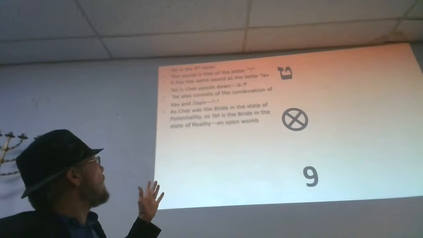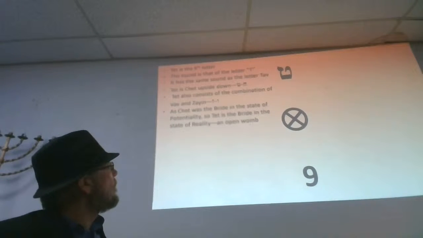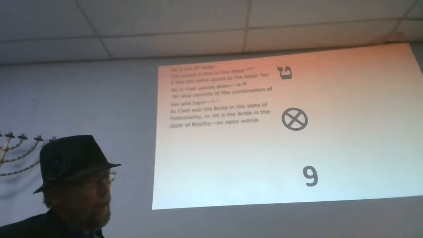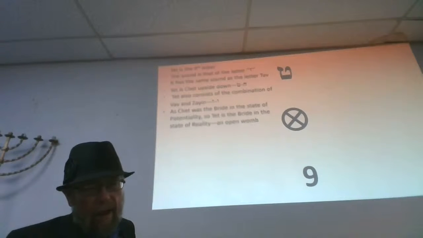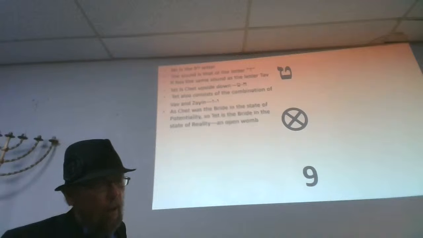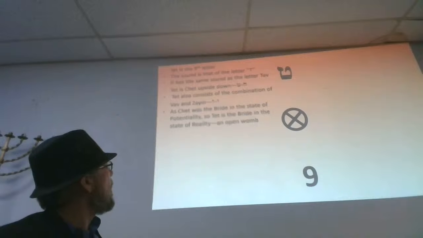So as Chet was the bride in the state of potentiality, so Tet is the bride in the state of reality. So Chet is the woman engaged or betrothed to the man, at the beginning of the wedding, the marriage.